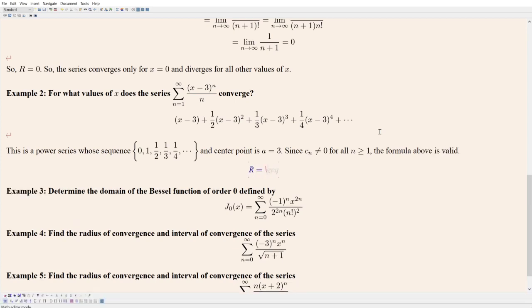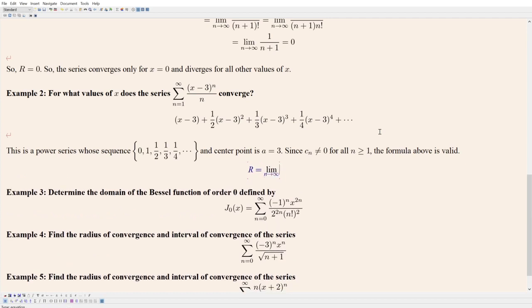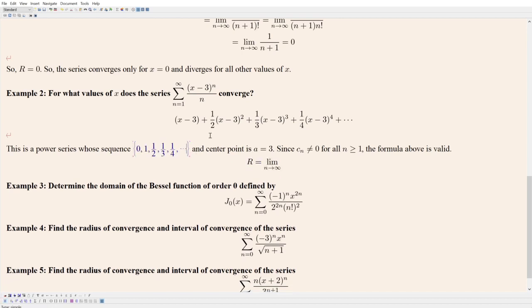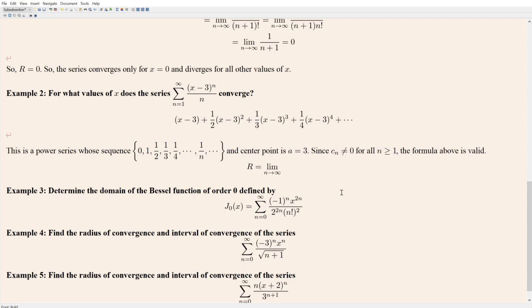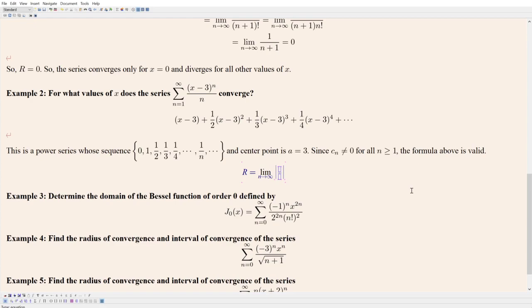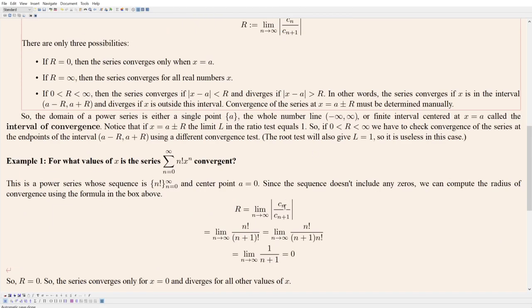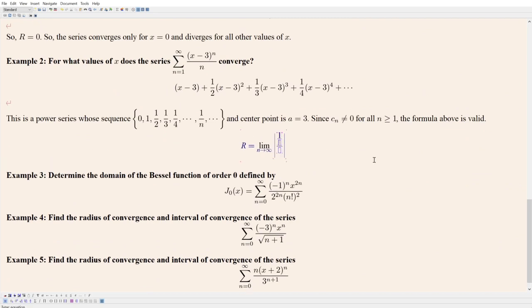So let's just go ahead and compute the radius of convergence. Obviously, the general term here is just going to be the nth term divided by the n plus 1th term. The nth term is going to be 1 over n.